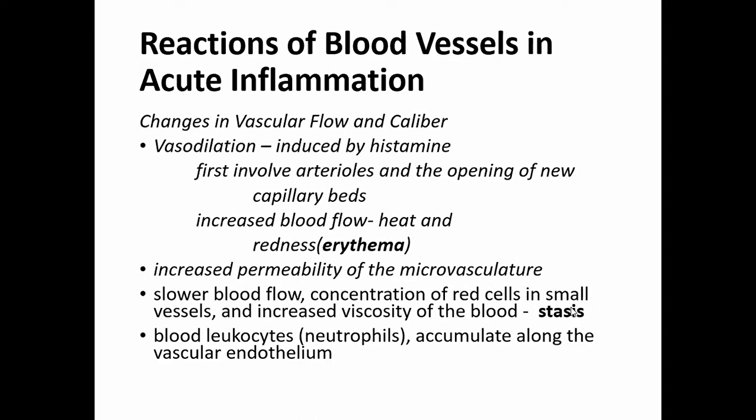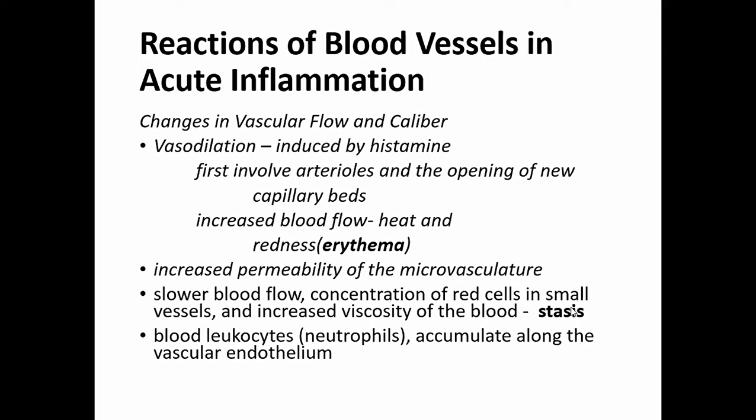And these changes result in the engorgement of the small blood vessels with slowly moving red cells, and this is a condition termed stasis. This is seen as vascular congestion and localized redness of the involved tissue. At siya nga mapula kung may inflammation, napula ang tissues and area involved.